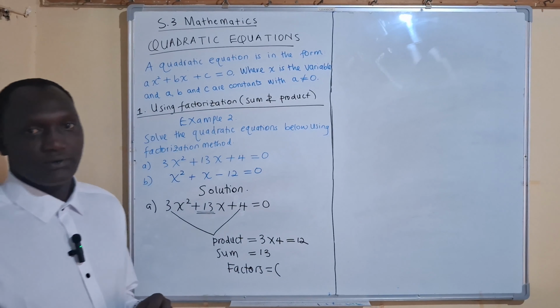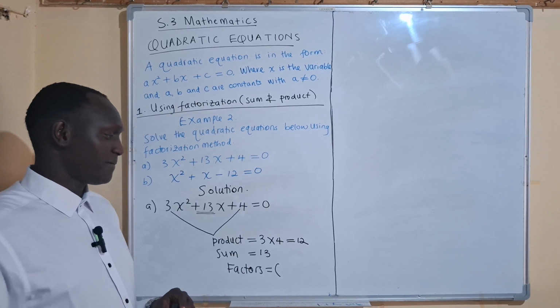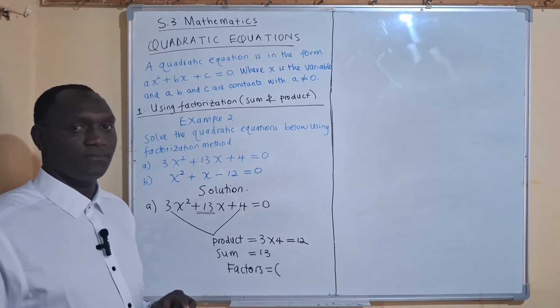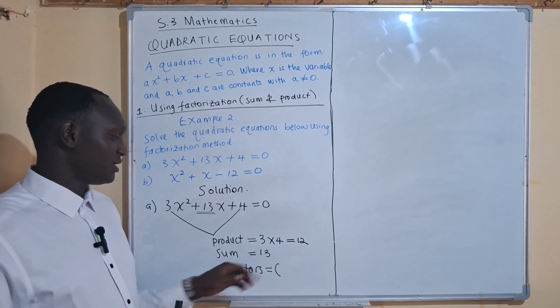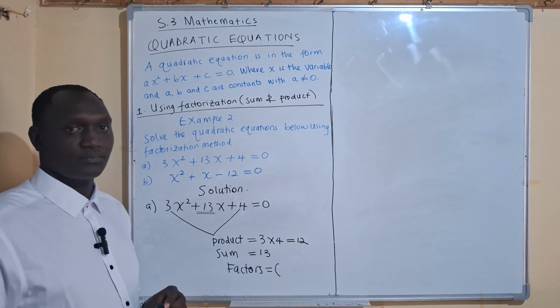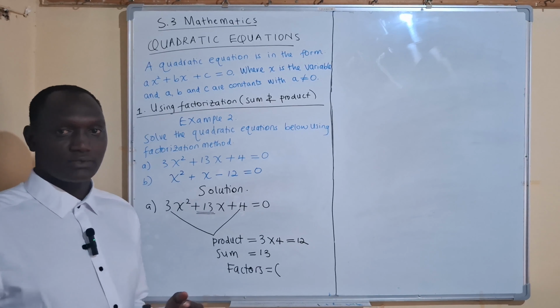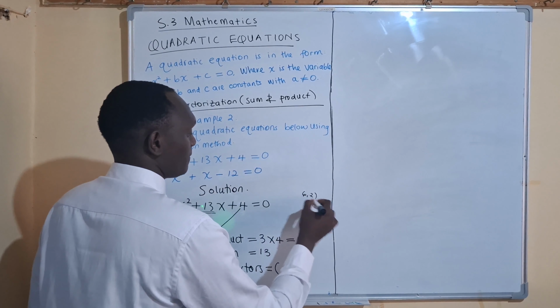For the factors, you are going to think of any two numbers that when you multiply them, you get 12, and when you add them, you get 13. For example, 6 and 2.